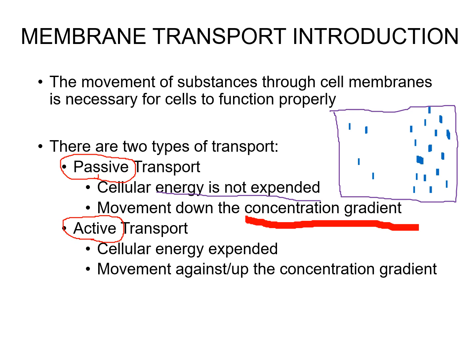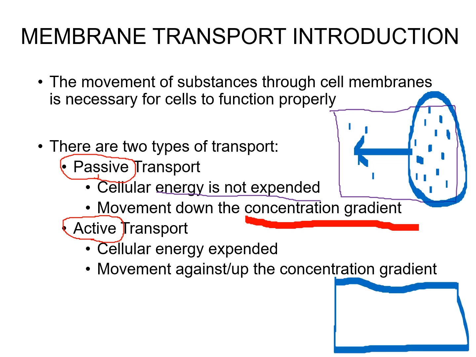What you're probably saying at home or wherever you are is that this higher number, this group of 14, are probably going to go from the right side of the screen to the left side of the screen, and they're all going to mix in with one another. And that's exactly what would happen. So at the end of the day, once you give it a few seconds, few minutes, few hours, whatever, we're going to have a beaker with those 18 particles all evenly dispersed throughout the entire container.